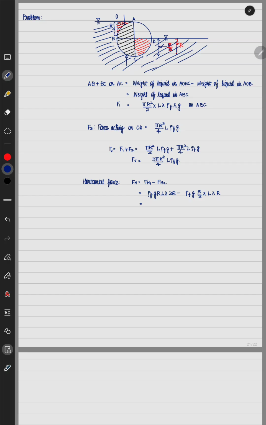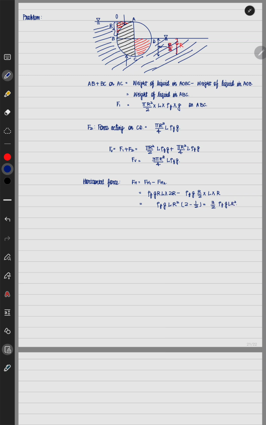If we find the difference, that will come out to be rho f into G into L R square, minus, rho f into G into L into R square common, 2 minus 1 by 2. That comes out to be 3 by 2 rho f into G into L R square.